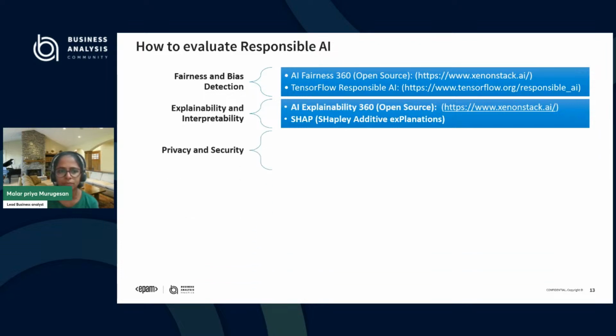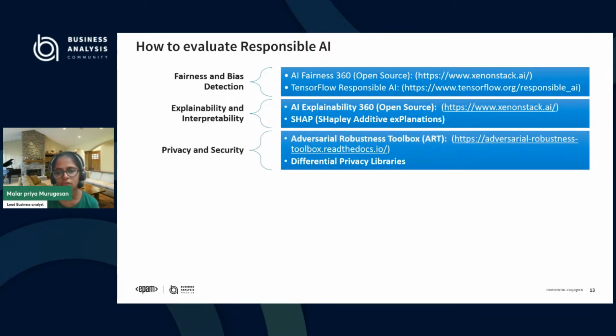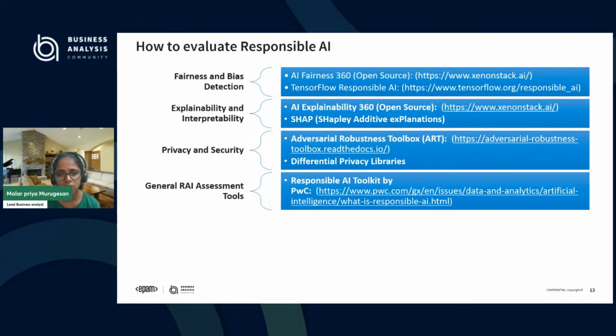And for privacy and security, we have ART. And for RAI assessment, we have the Responsible AI Toolkit by PwC. But you know what, these are separate tools for detecting different evaluations. For example, for fairness and bias, we have AI Fairness 360. For privacy and security, we have ART.